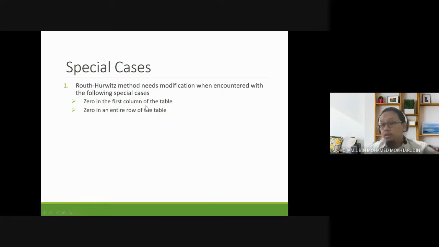When you calculate your Hurwitz table or the determinant, you will get a zero in the first column, only in the first column. Then you need to modify your method. Another case is when you encounter an entire row consisting of zeros only. You also need to modify the method.